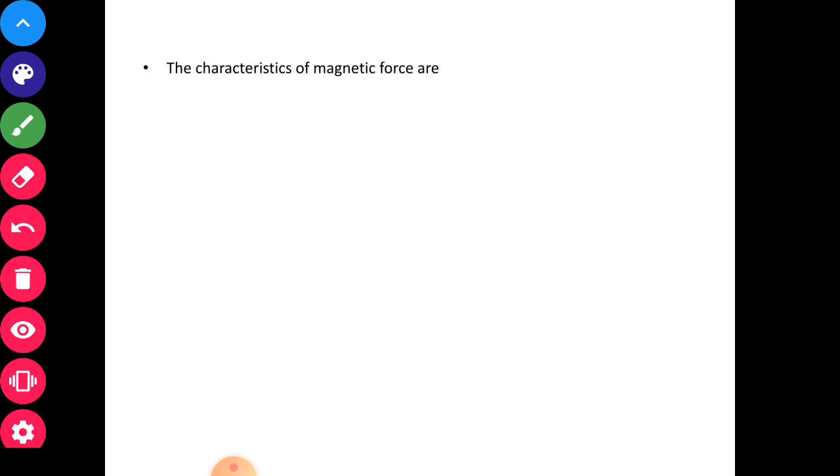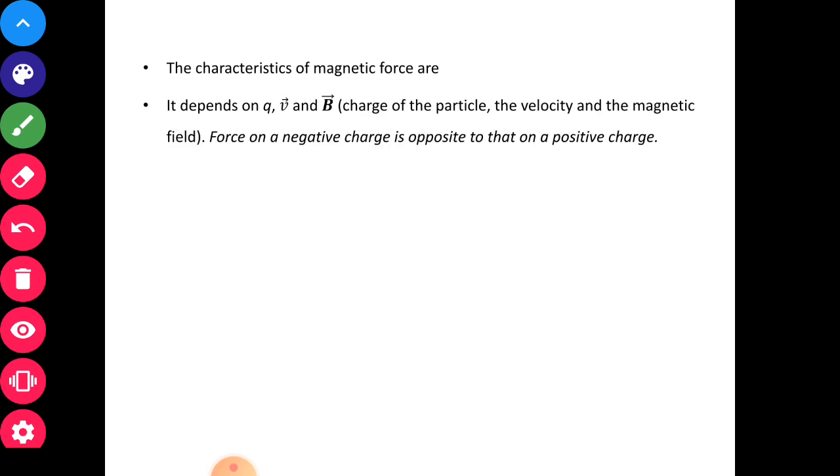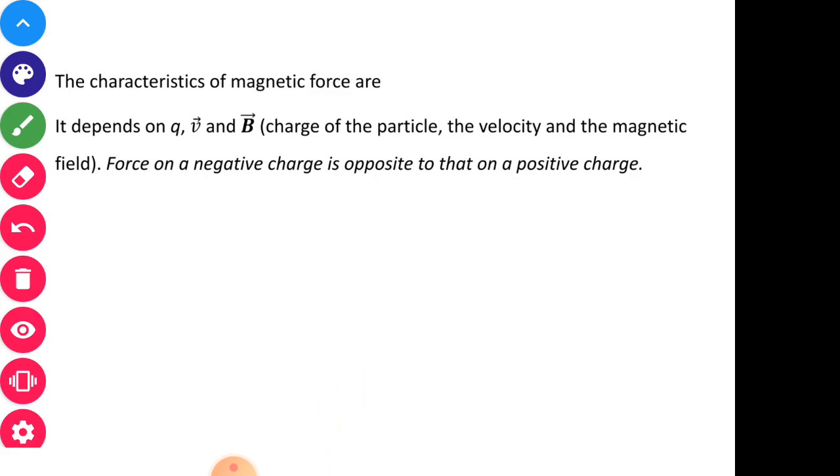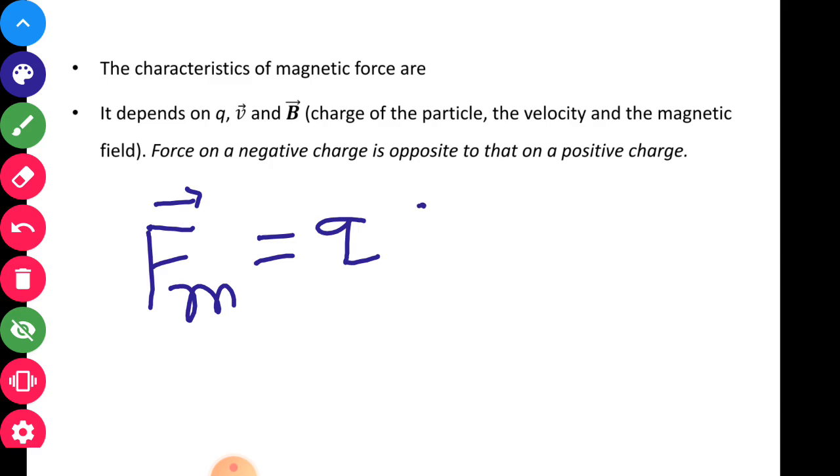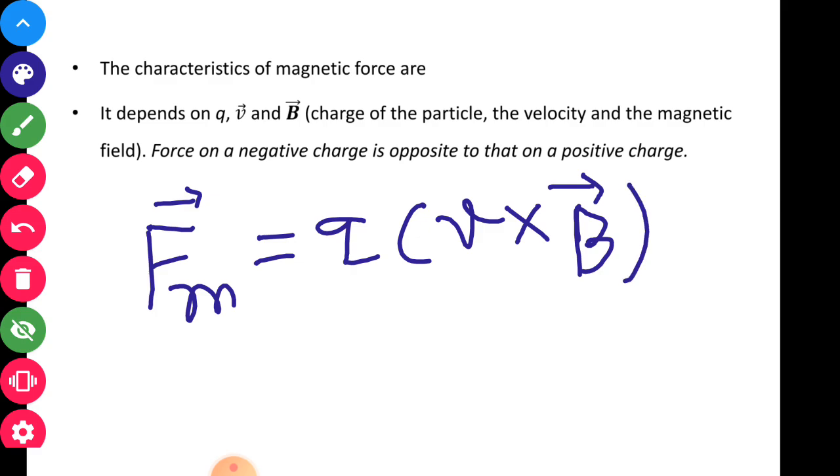Now the characteristic of this magnetic force: it depends on Q, V, B. Okay, the formula for the magnetic force is Fm equal to Q V cross B. So you can understand from this formula that this force is depending upon charge, velocity and magnetic field.